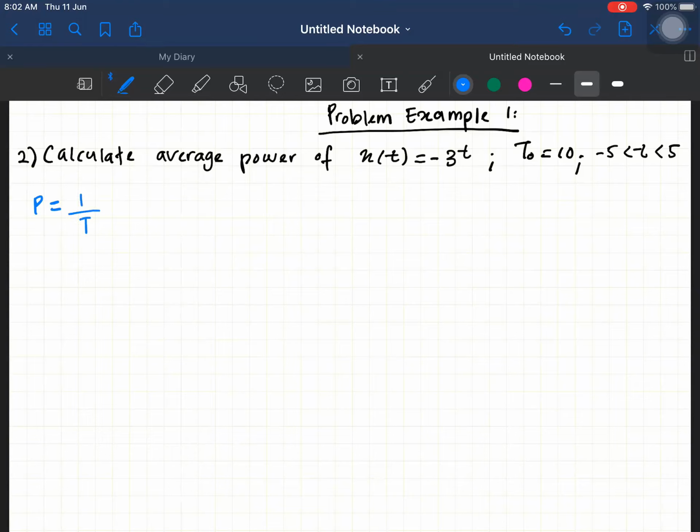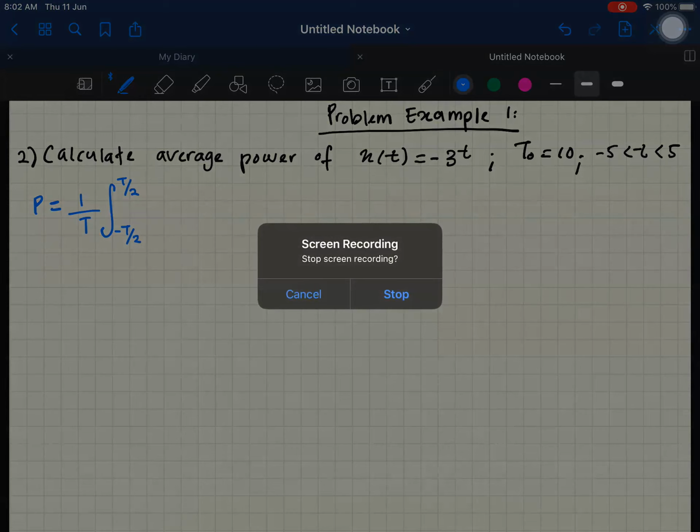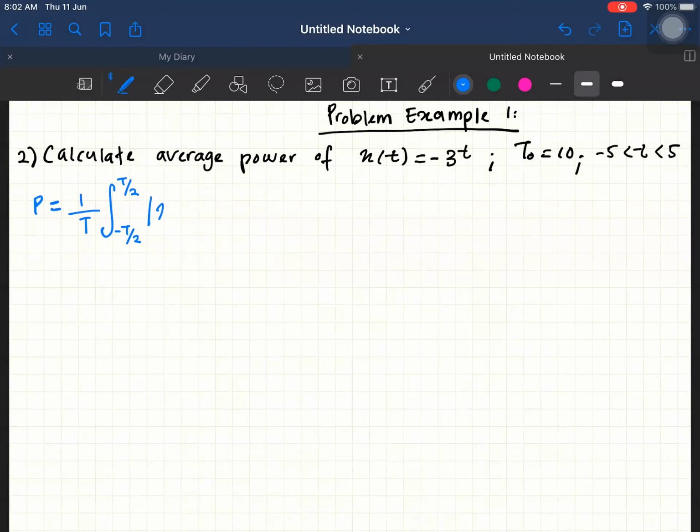It will be P equals 1 over T, integration from minus T over 2 to T over 2 of x of t squared dt.